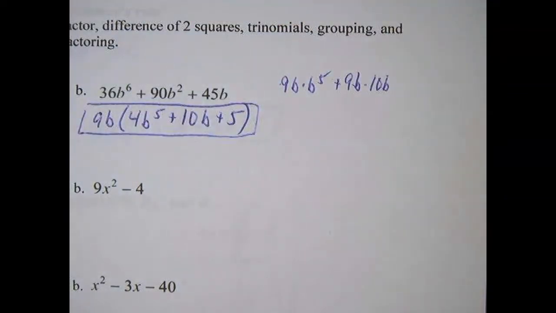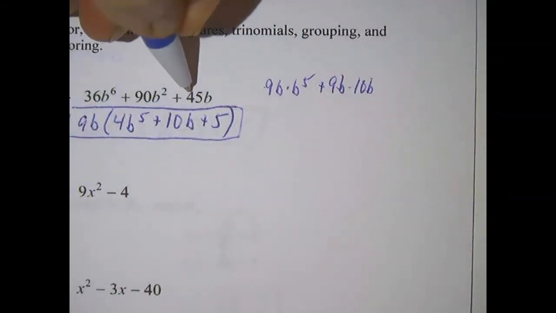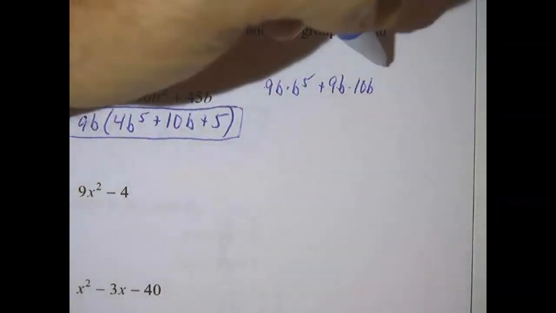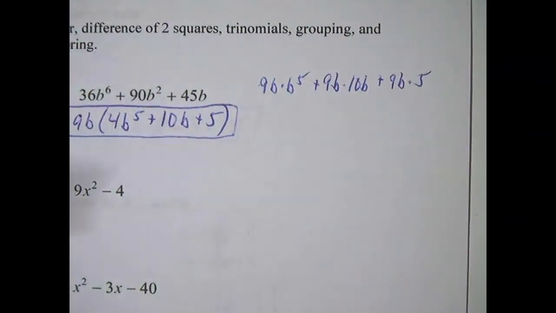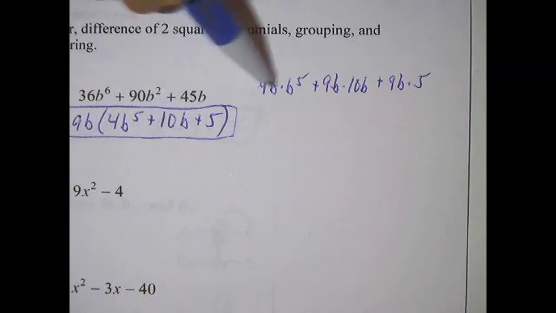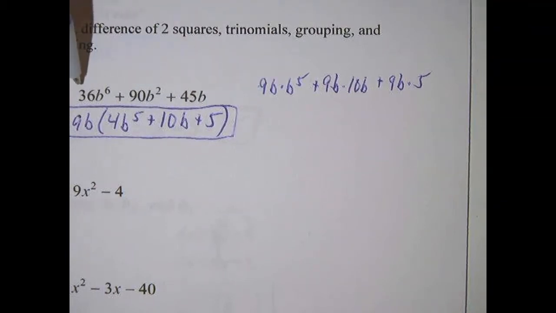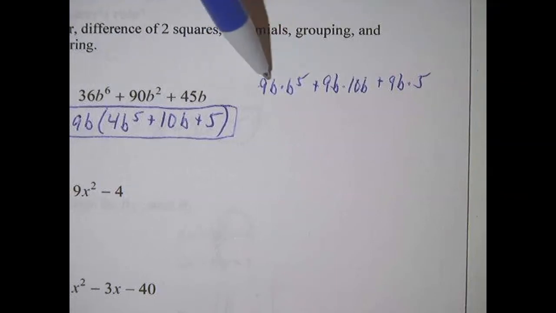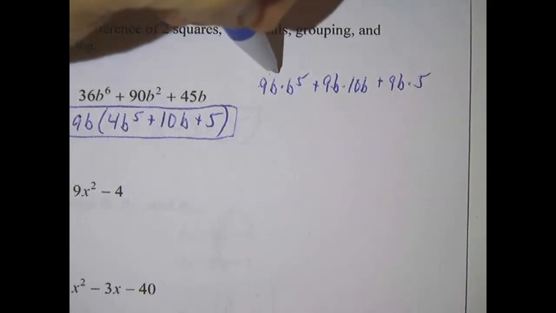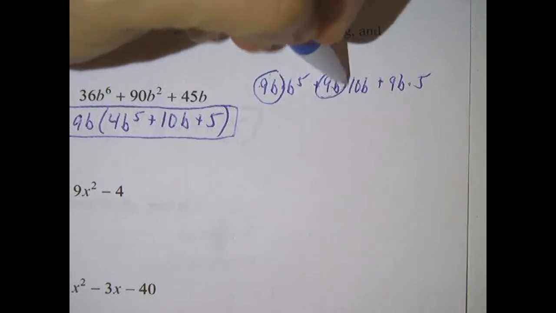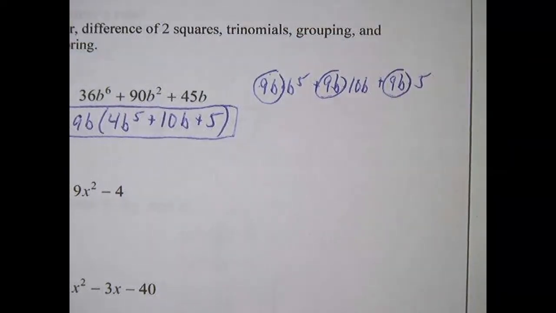And then this is 9b times 5. I'm only showing you this because the middle step would be to actually say, okay, I'm factoring each one of these terms. I'm writing it as the product of 2 different things, right? And each time there's this common factor. So that's how you factor these.